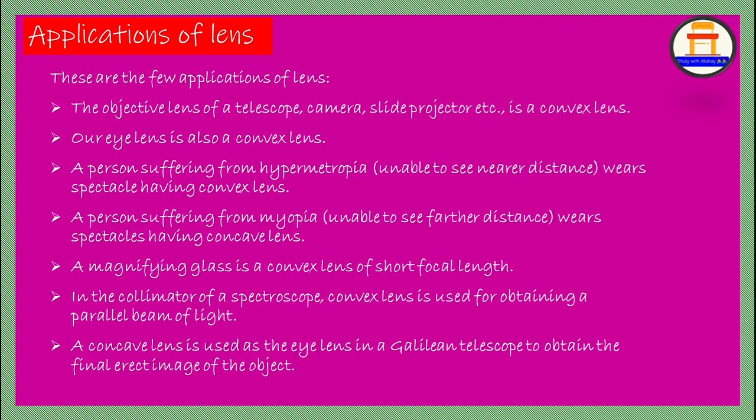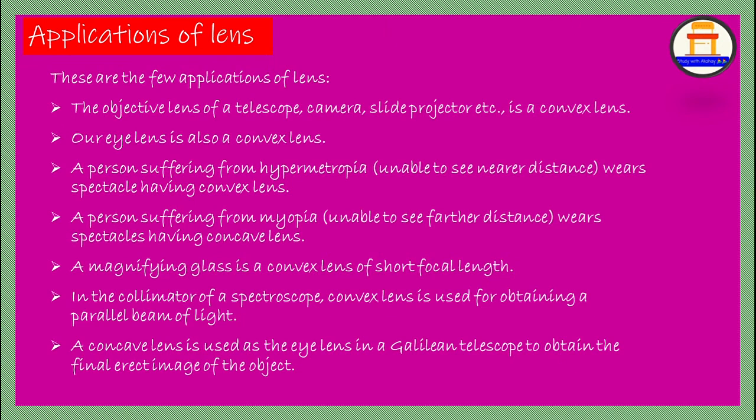By seeing the image, how can you differentiate it? On keeping a lens near a printed paper, if a letter appears magnified, then the lens is a convex lens, and if a letter appears diminished, then the lens is a concave lens.